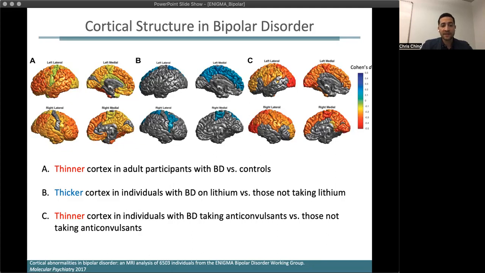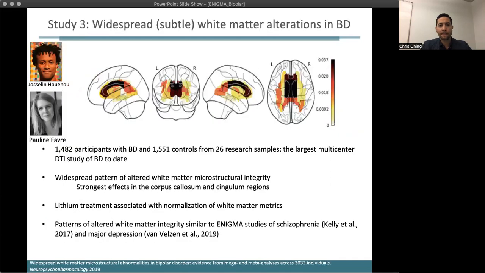Now, one of the things we also looked at was mapping the effects of commonly prescribed medications. And so we found individuals taking lithium tended to have thicker cortex, and those taking anticonvulsants actually had thinner cortex. So I'll talk a little bit more about modeling drug interactions and effects on brain structure a bit later.